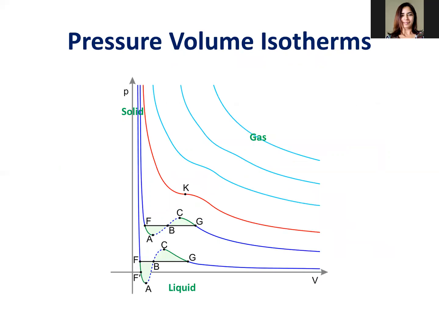Let us consider a pressure volume isotherm of a specific gas. The compound exists in the gaseous state at very low pressures. It exists in the liquid state, and it exists in the solid state at a very high pressure.